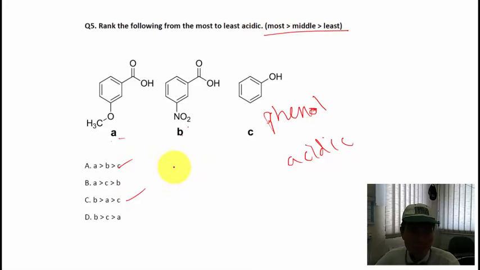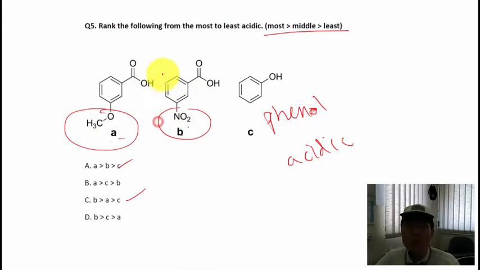Now compare A and B. The difference is this part, the substituent. We know that the best acid is the one that has the most stable conjugate base. So I always compare the conjugate base. When I get rid of this H, I put a negative charge. NO2 is electron withdrawing, so you can spread and pull this negative charge around. That means lowering the concentration of negative charge onto the oxygen, which means it can stabilize.